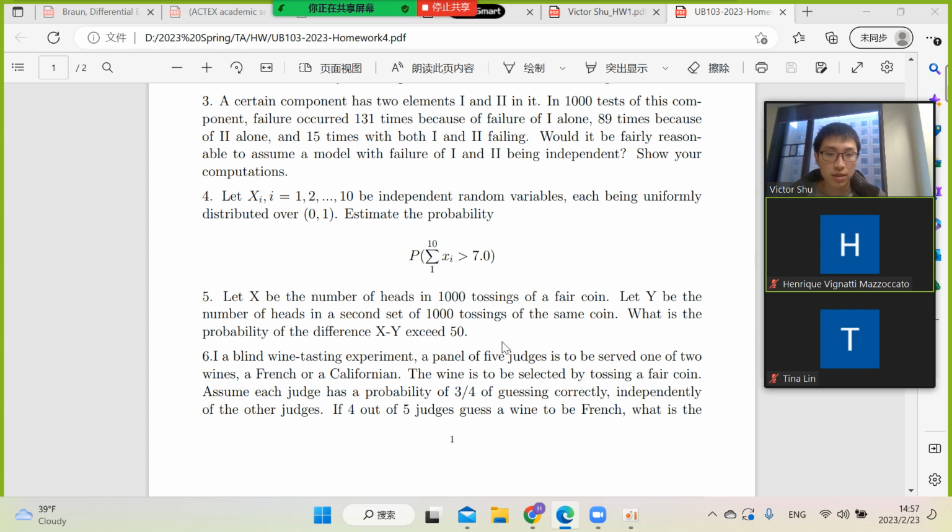You sum 10 uniform distributions together, each with an expected value of 0.5, and that results in the final expected value of 5. So when you use your z-score formula, in the numerator you should write 7 minus 5 instead of 7 minus 0. That's x minus mu. That's a common mistake that many students have gone through.